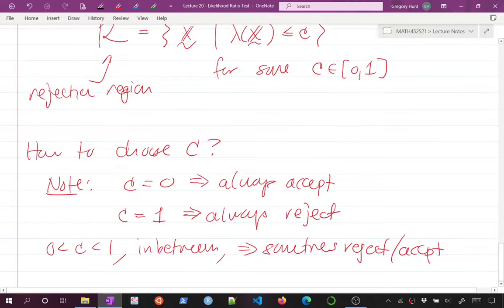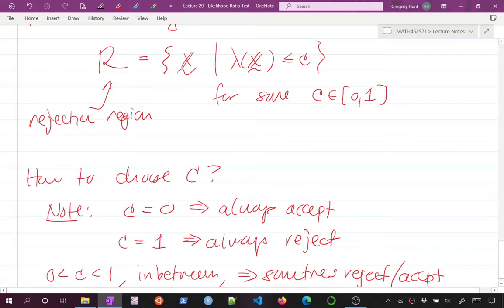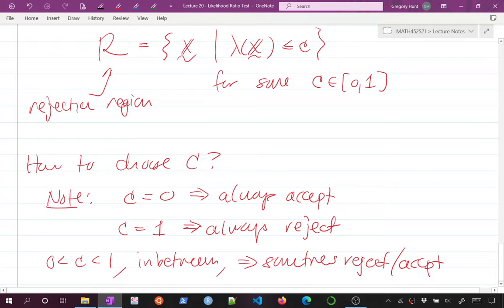And you're going to choose this constant based on how strict you want to be. If you want to be really conservative and not accidentally reject, you would set it high. If you want to be not conservative and you want to just reject a lot, then you're going to set it low. And so you're going to have a trade-off between a type 1 and a type 2 error.